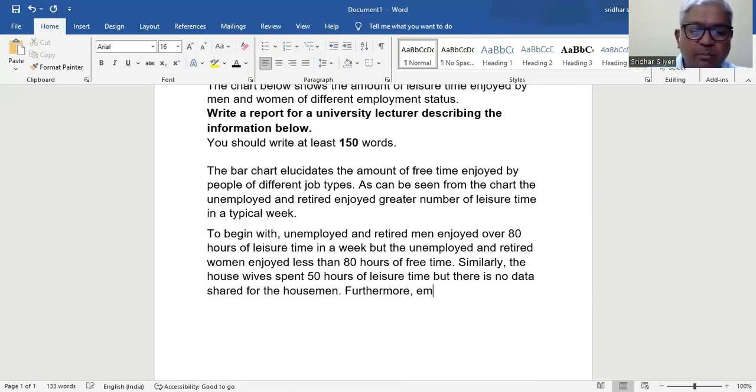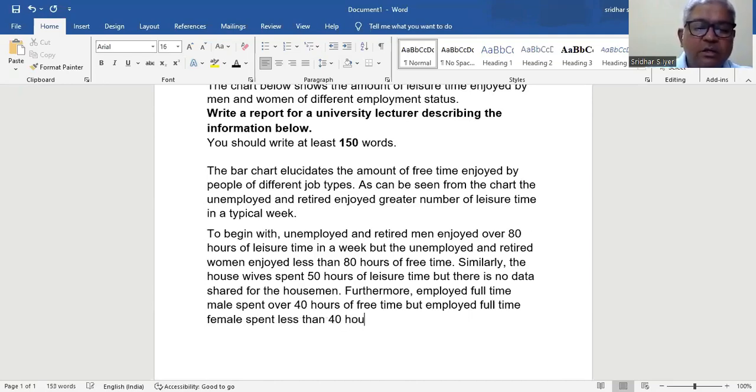Furthermore, employed full-time male spent over 40 hours of free time, but employed full-time female spent less than 40 hours of free time in a typical week.